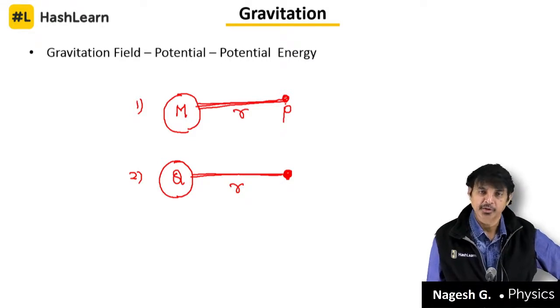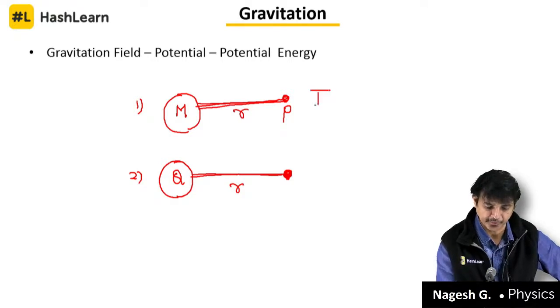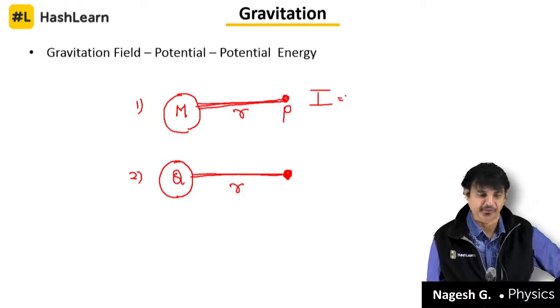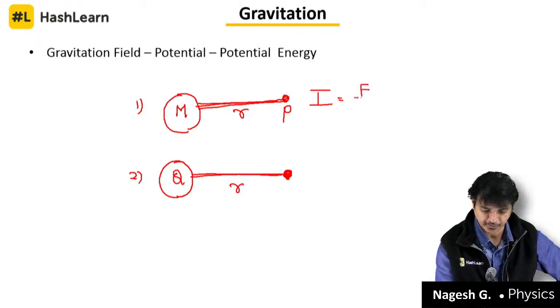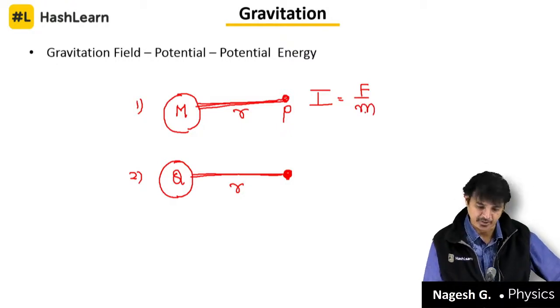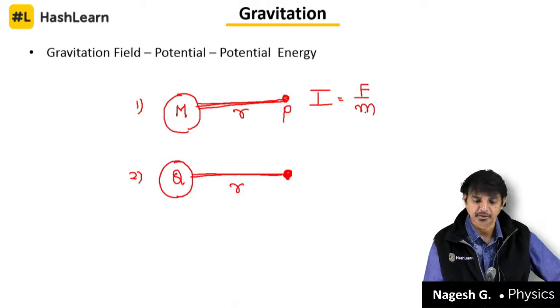Here that field is represented by I. Intensity of the gravitational field, we symbolize it as I. It is force experienced per unit mass, F by m. That is a simple definition of the gravitational field intensity, the force experienced by a unit mass placed at that point.